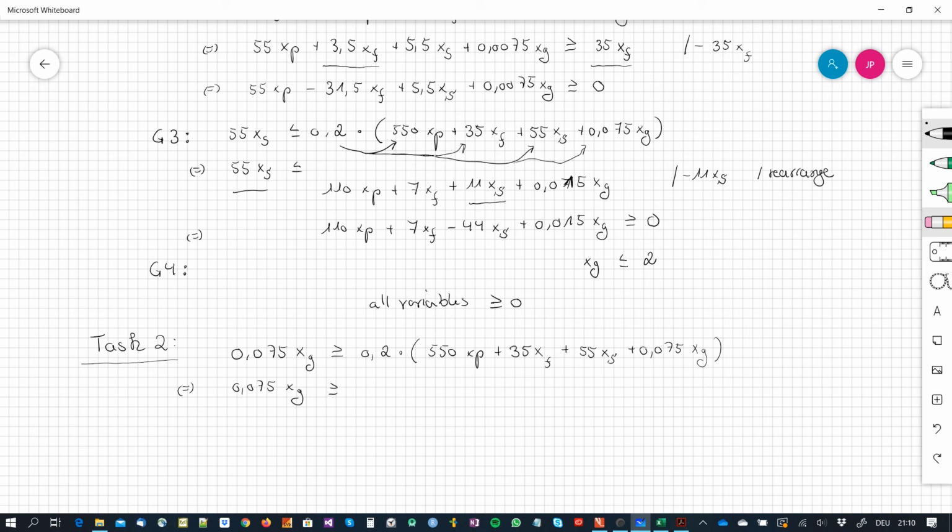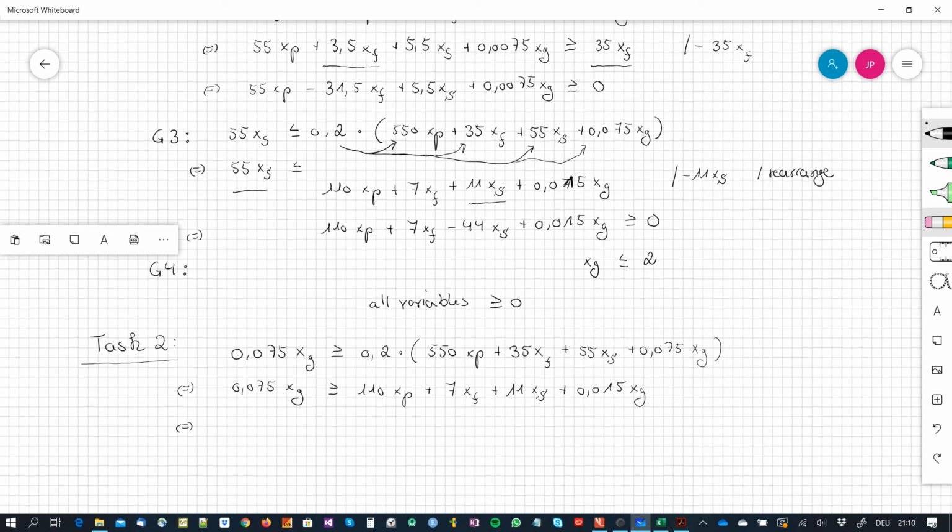So first we use the brackets, and this then becomes 110 xp plus 7 xf plus 11 xs plus 0.015 xg.